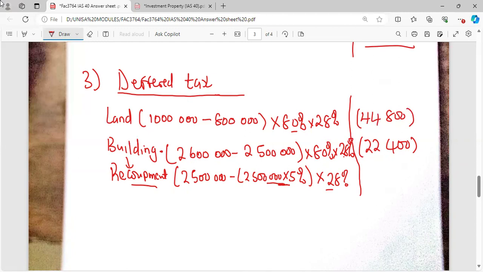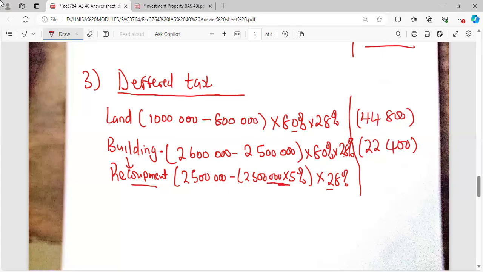Let's have the difference there. How much are you getting? It's giving me 665,000. No, let me redo it.